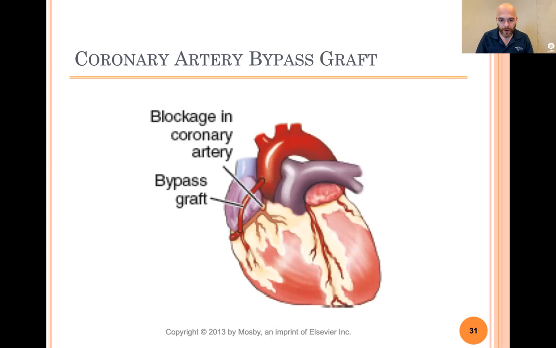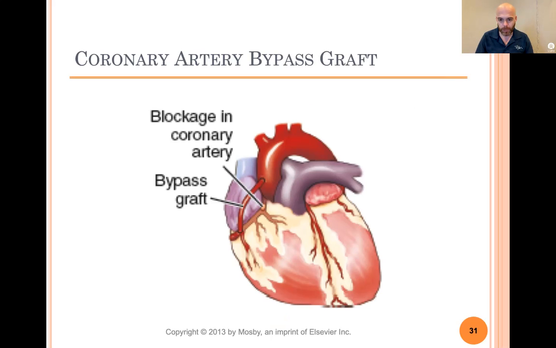So this is what a coronary artery bypass graft, or a CABG, looks like. So if you look at where it says blockage in coronary artery, they've got it drawn as like a little circle, and that blood vessel that circle is in is the original coronary artery. Well, you can see that it's colored brown, and it doesn't get a lot of blood flow to it.